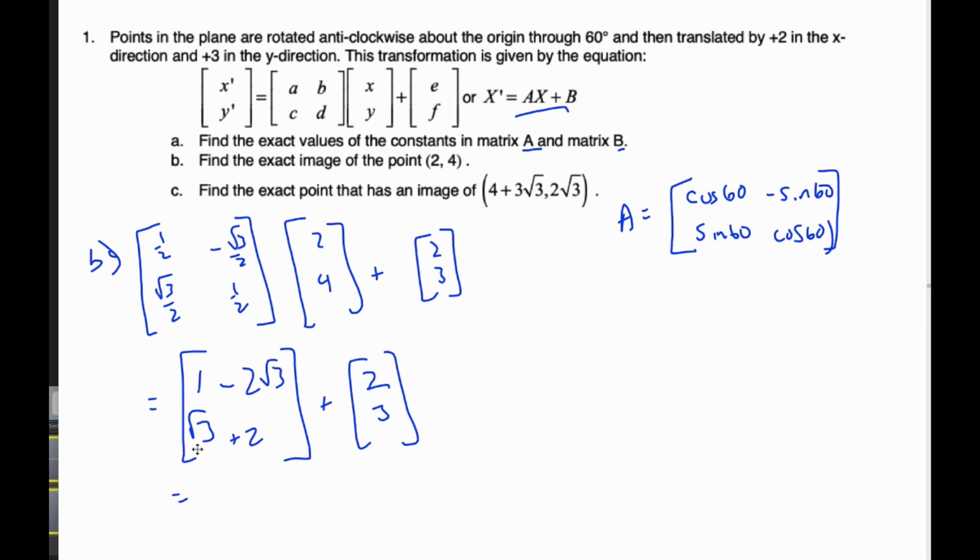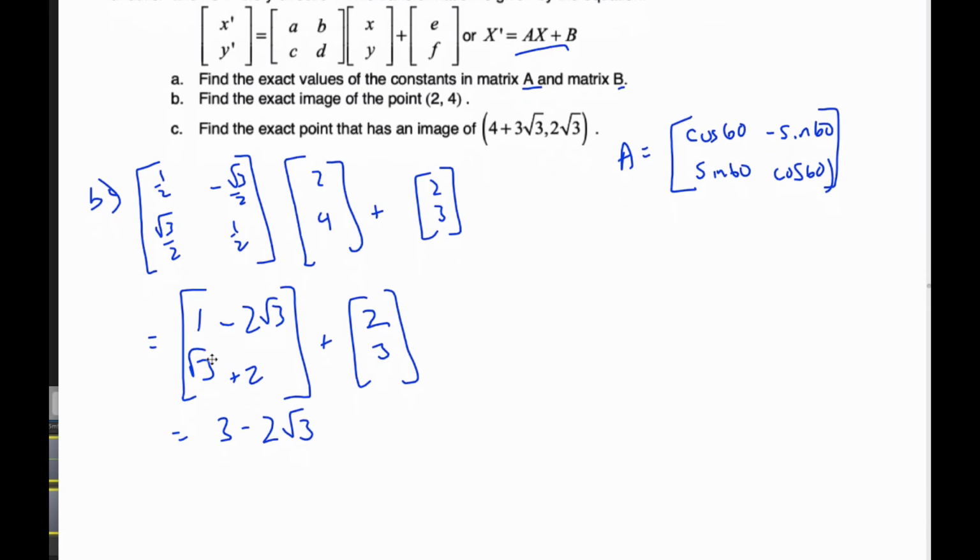And when I put them together, 1 plus 2 will give me 3 minus 2√3. Remember, I cannot add these numbers together. And I also can do the last bit, which is going to be √3 plus 5. And so here is the new point. This is the image point of (2, 4).